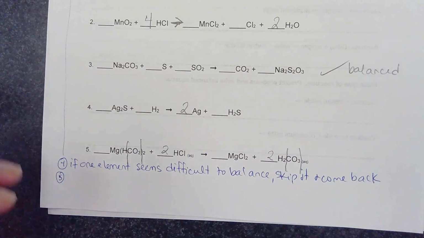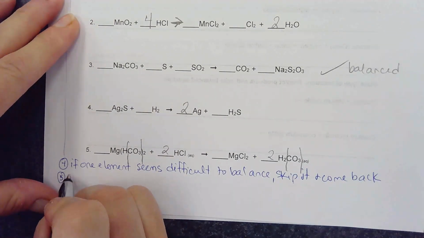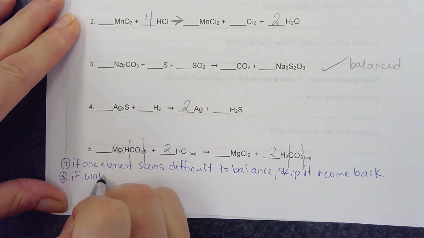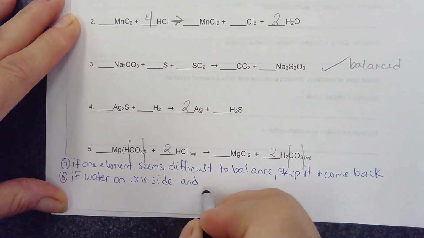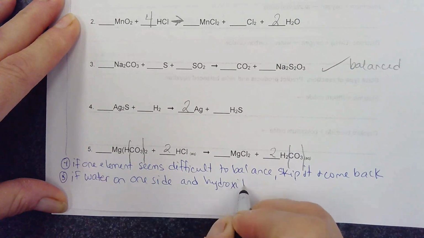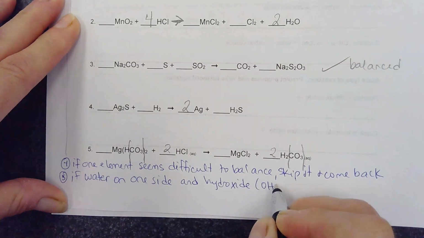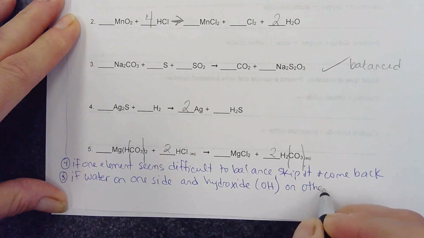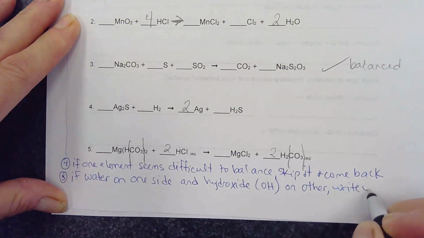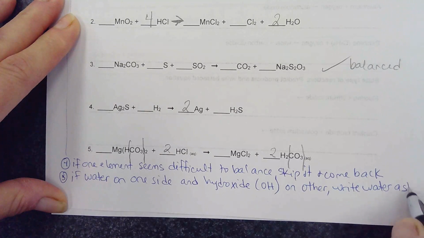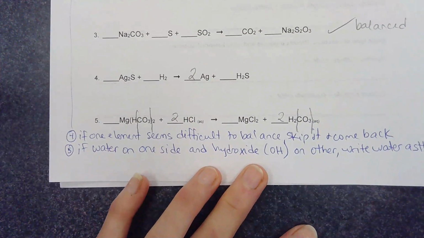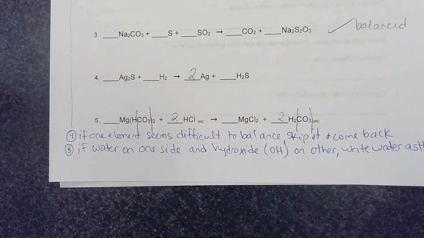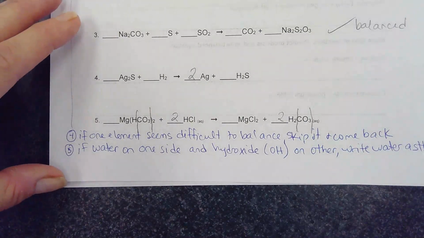The fifth hint, if water on one side and hydroxide, OH, on other, write water as HOH.